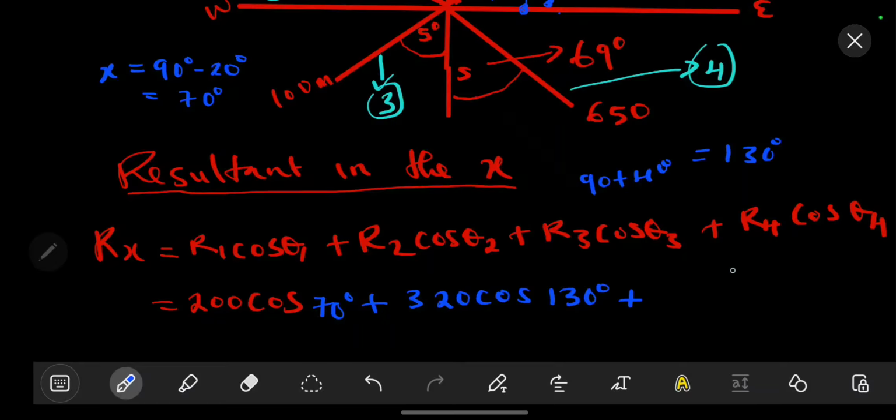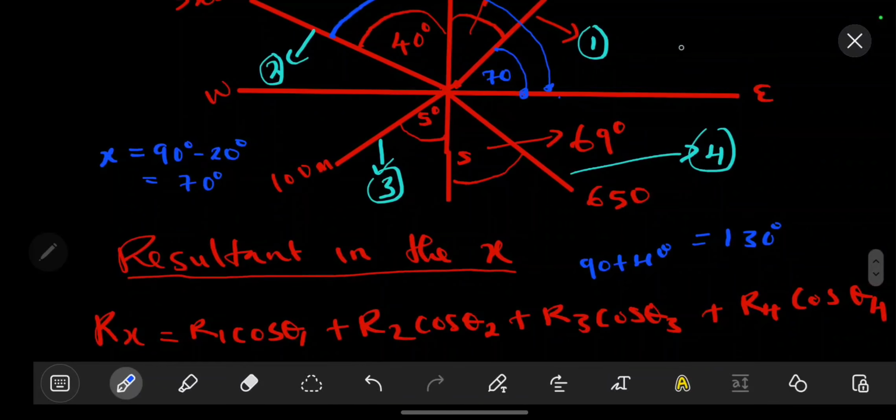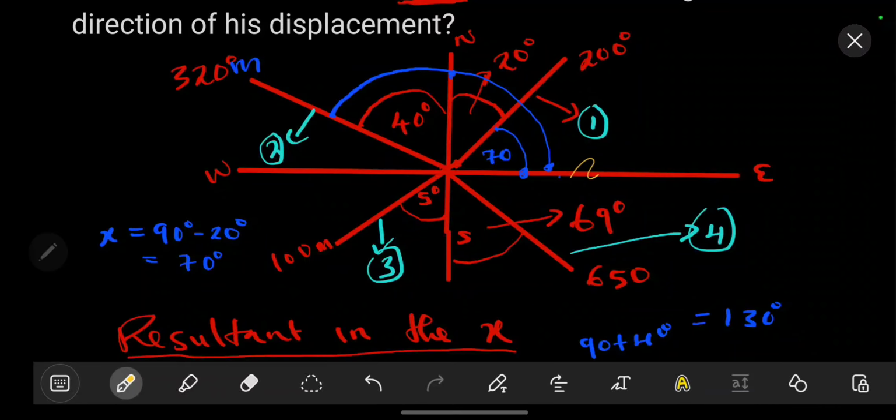Then we are going to have plus our R4. Our resultant number 3, we are a bit ahead, our resultant number 3, which is this one, is 100. Then we have the cosine of our theta. If we are looking at that one measured from the positive x-axis, it will look something like this.